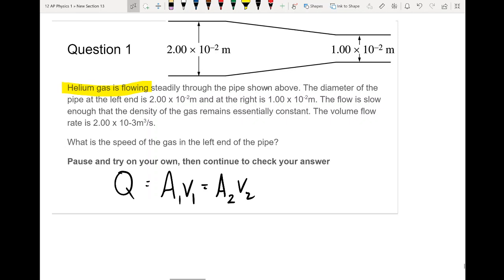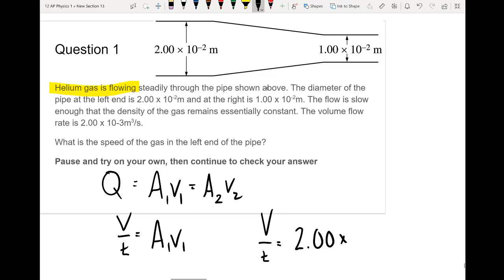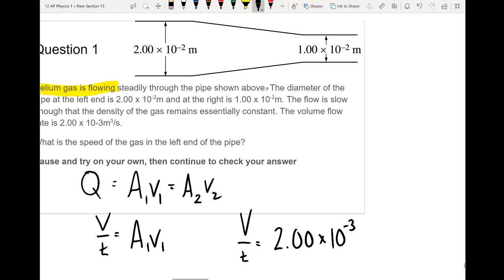This volume per time is the same as A1 V1. We know the volume flow rate in the left end and in the right end; it is conserved, the same throughout, as is 2 times 10 to the negative third.